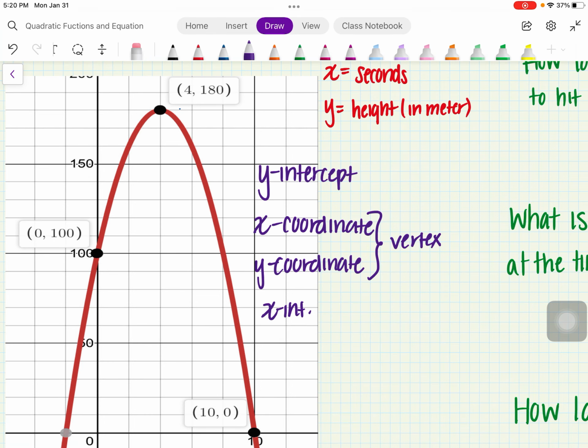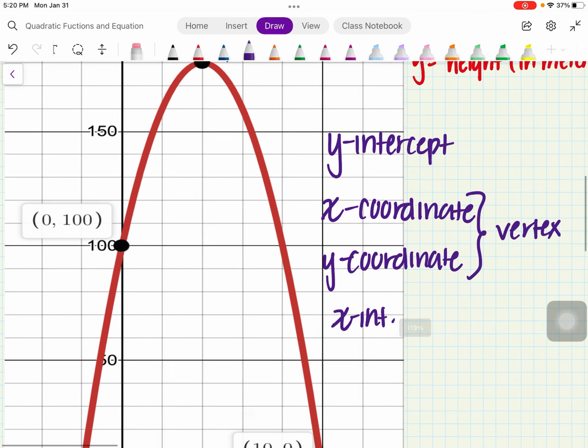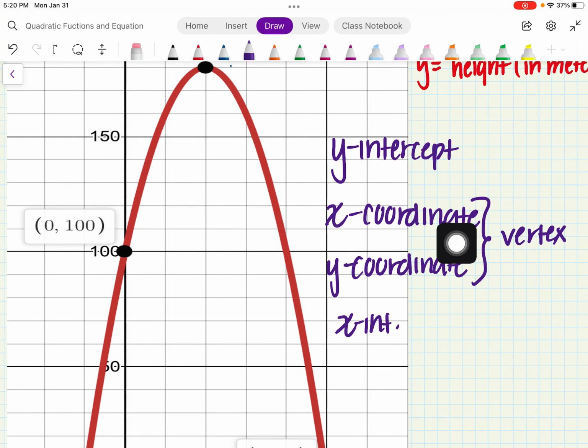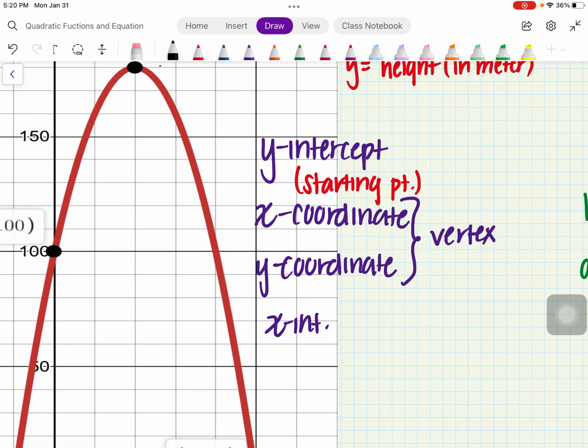And keywords for the vertex in this case, guys, would be maximum, minimum, highest, lowest. That's a vertex. In this case, our y-intercept, which is this point here, does represent our starting point. So that's something you probably want to write down, that our y-intercept does represent the starting point. And a keyword or phrase for us to use there is "at the time of."